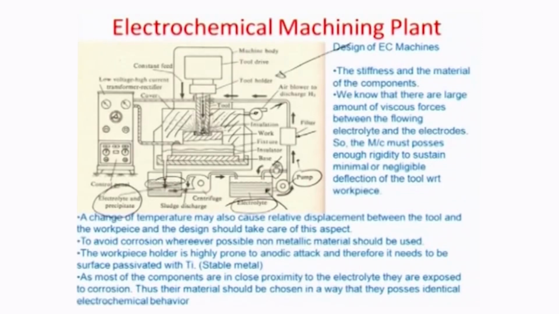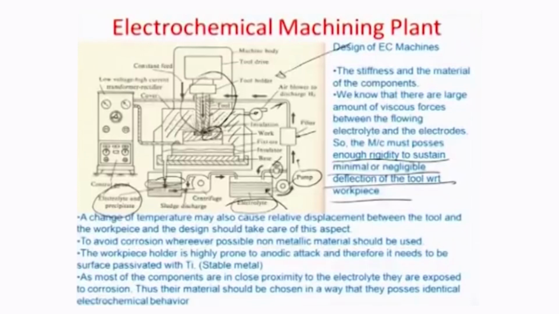And then of course you should have a very strong stage which should have enough rigidity to sustain the deflection of the tool. As I have already illustrated before, this zone of flow is so small that the viscous forces provided by the flowing electrolyte sometimes give a huge amount of pressure, and force is basically pressure times area.